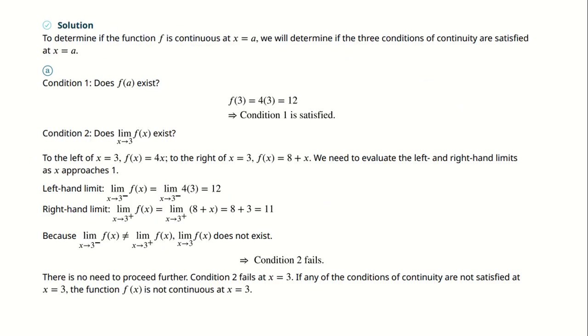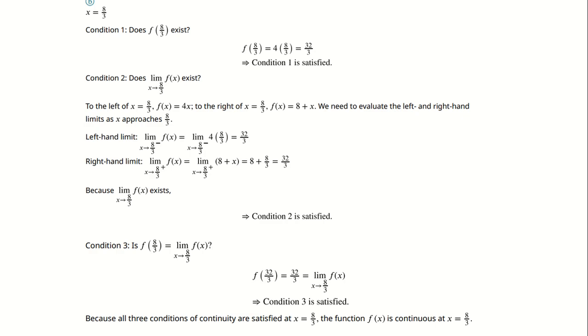For the right hand limit, look here, x approaches 8 by 3 plus. Yes, you are right.